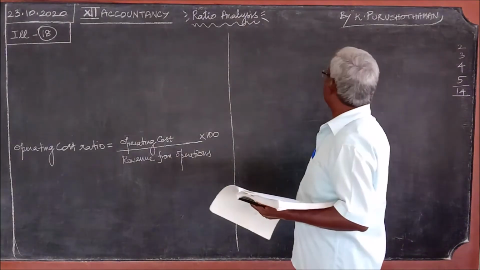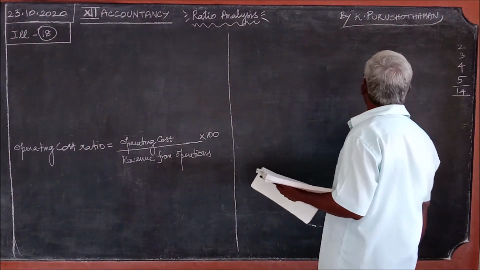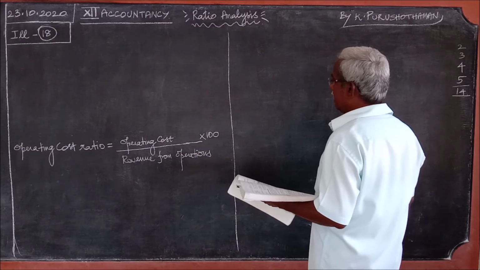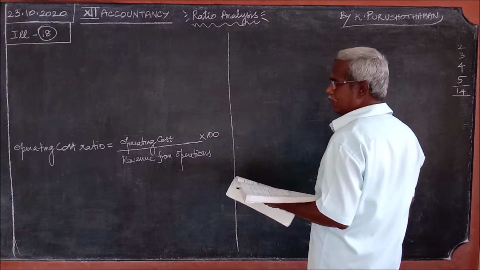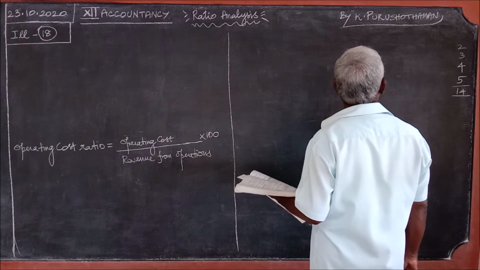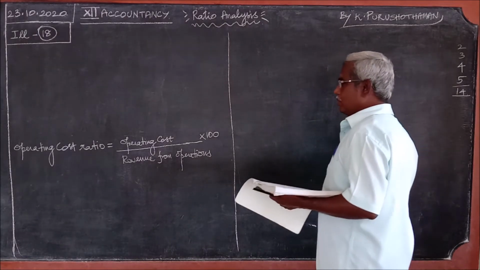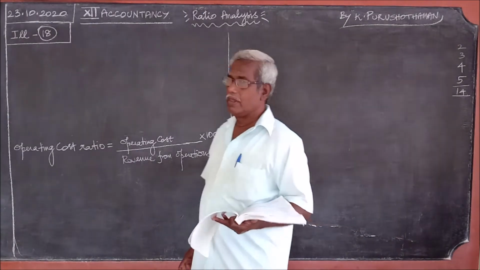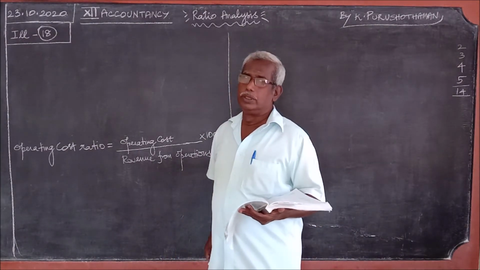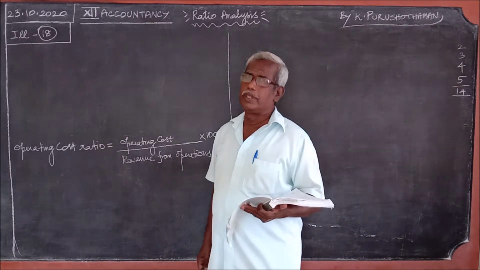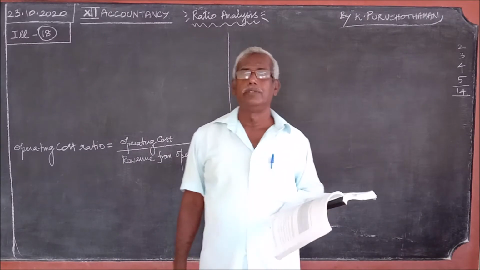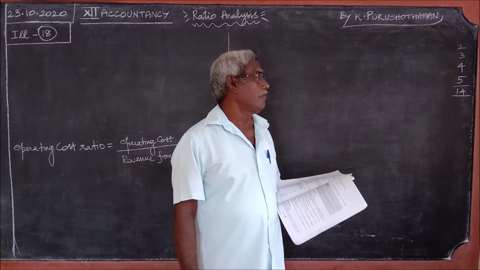That is, in the first method, liquidity ratios, we have seen current ratio and quick ratio. Under the second one, long-term solvency ratio, we have seen debt equity ratio, 2, proprietary ratio, and the third one, capital gearing ratio, that's 5, 2 plus 3, 5.